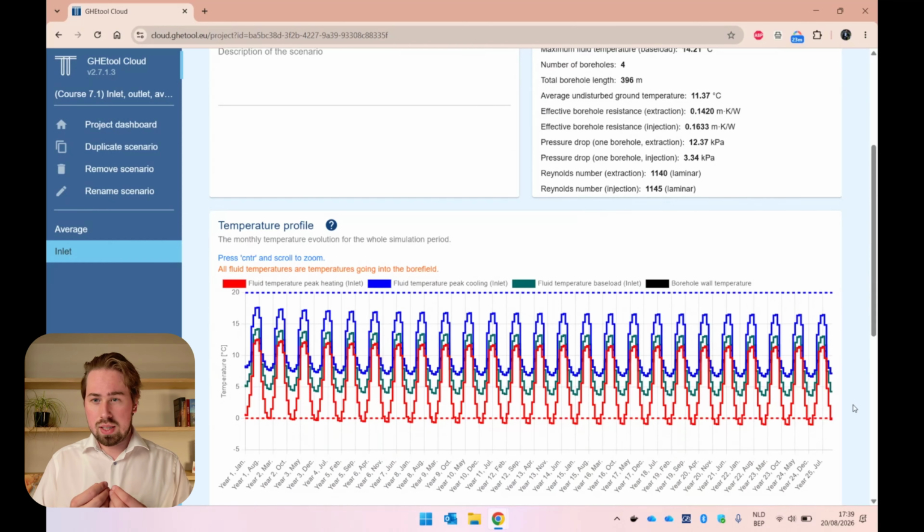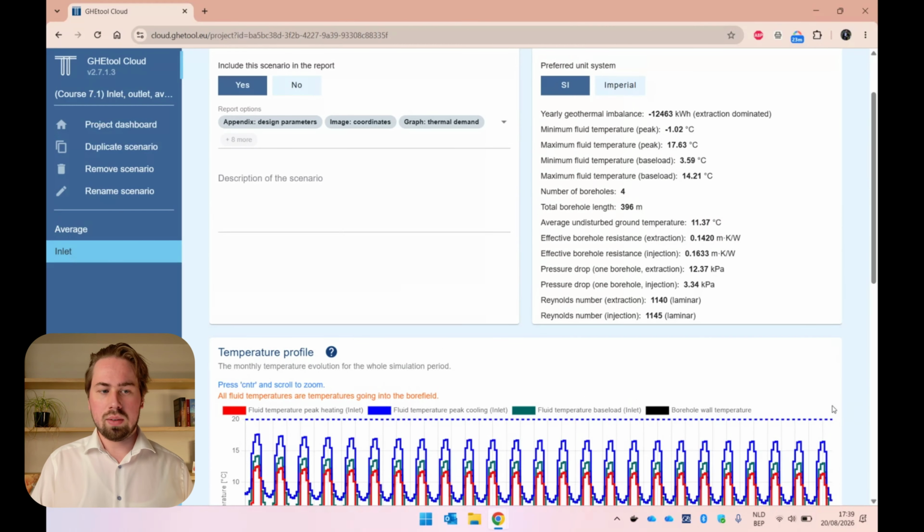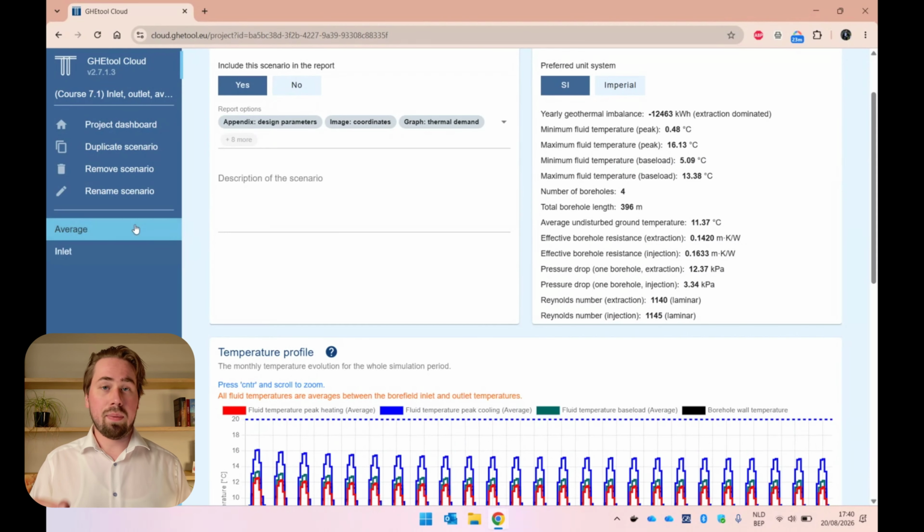And that's because, as we said, the temperature going into the borefield is always the coldest one, so it's colder than the average. But also, as you can see here, the maximum fluid limit is now 17.6, and with the average one it was 16. Because when we're injecting heat, the inlet temperature is also the worst case situation.